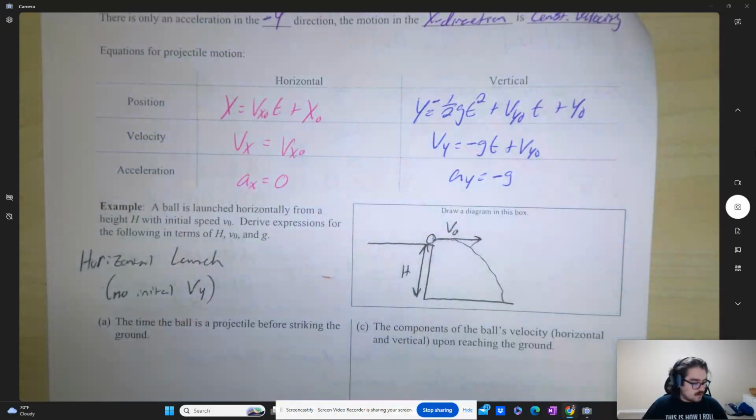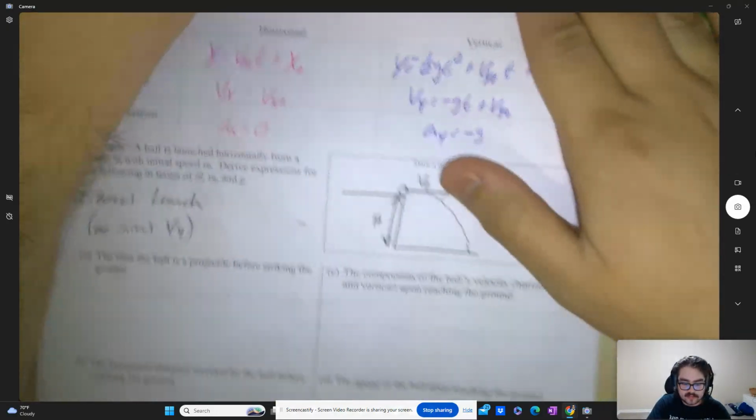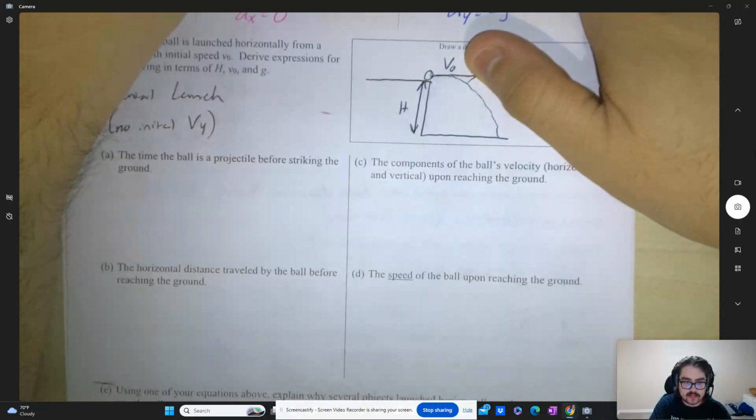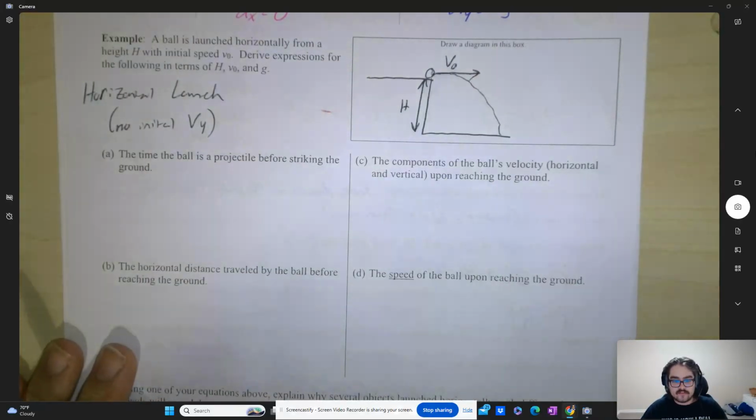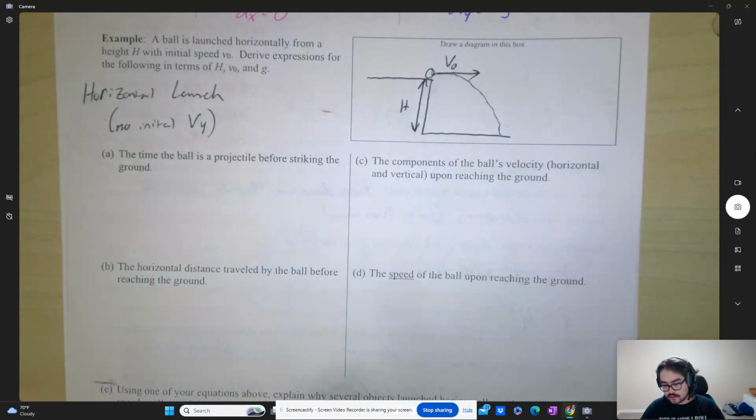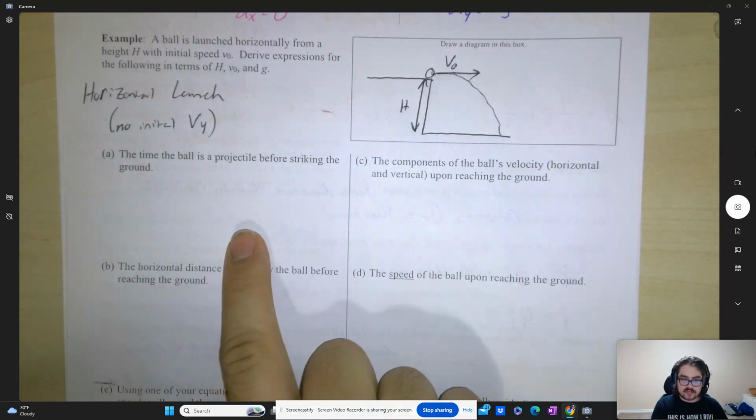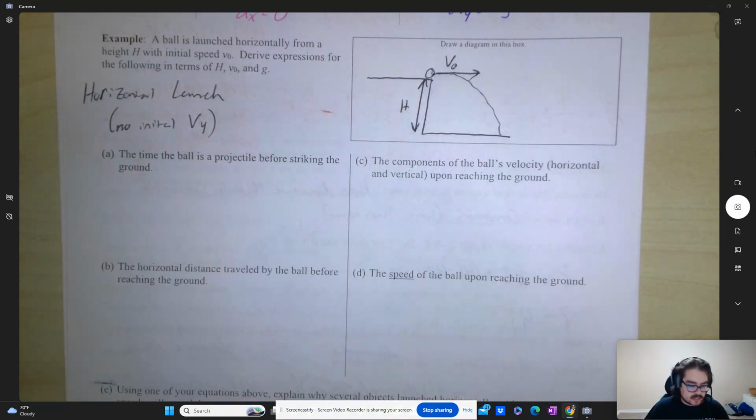We can derive a couple of things from this, which is great. We need these equations because they're shortcuts for a couple of things in projectile motion. The first thing I want to show you is the time that the ball is a projectile before striking the ground. When it hits the ground, it won't be a projectile anymore.